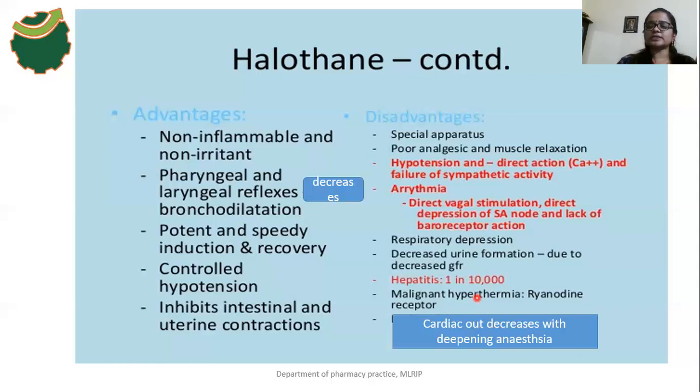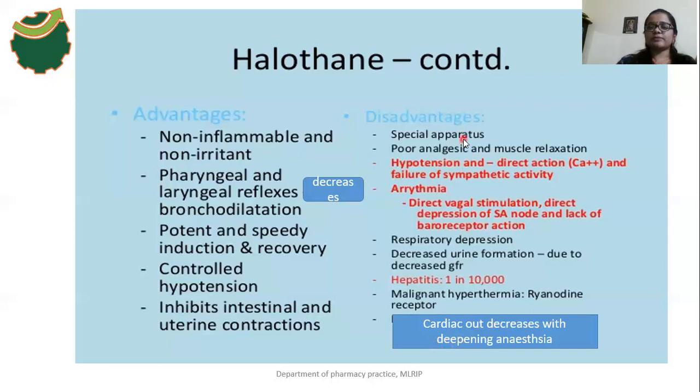In those persons, the halogenated drug triggers the release of calcium ions, and as a result there is muscle contraction. As a result of the continuous muscle contraction, heat production occurs. And the cardiac output decreases with deepening of the anesthesia.